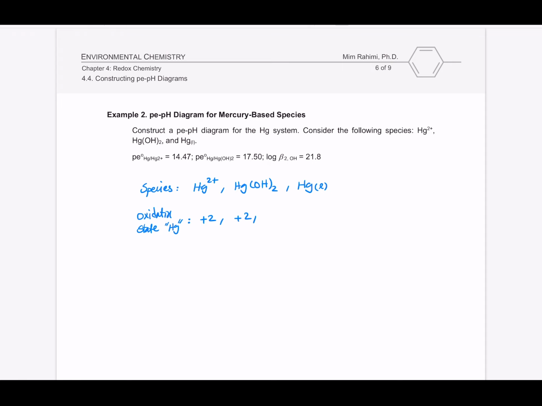And the last one? 0. So, how many reactions do we have and what kind of reactions? How many? 3? Okay. So, one reaction between these two, the same oxidation state. What kind of reaction is it? Complexation. Complexation reaction. Obviously the other pairs have different oxidation states, so two redox reactions.